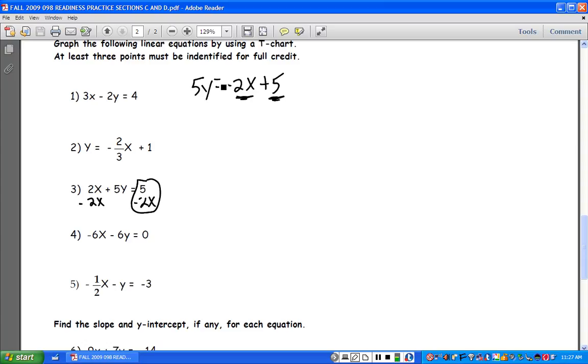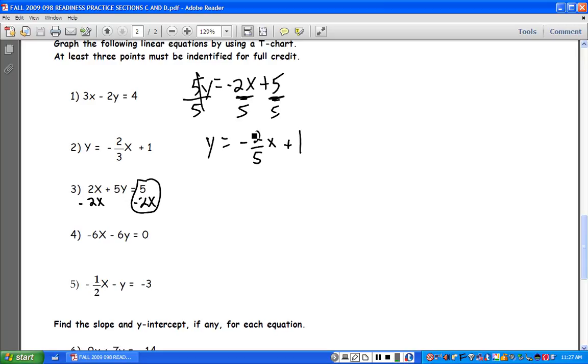So now I'm going to divide everything by 5. Divide by 5, divide by 5, divide by 5, cancel. So now I have y equals negative 2 over 5 x plus 1, because 5 over 5 cancels and just becomes 1.